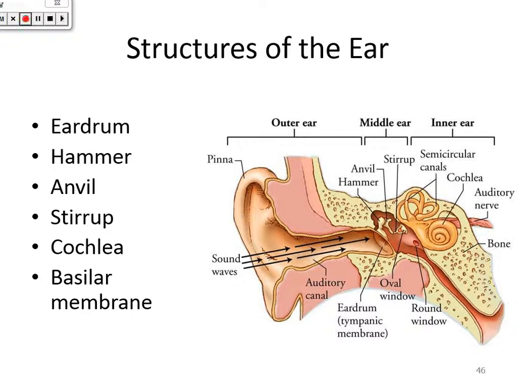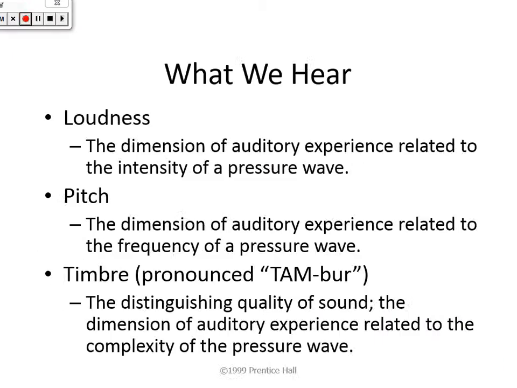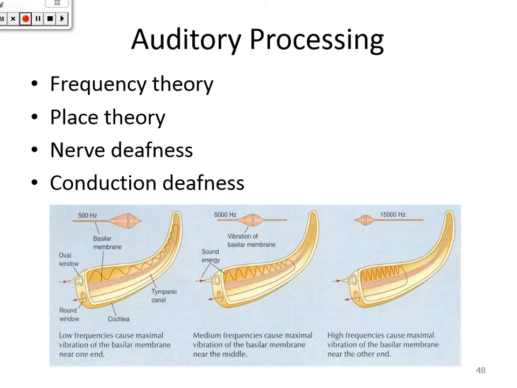You need to know the difference between, let's go here, Gina. So you have the words here. You need to know the difference between nerve deafness and conduction deafness, or what we call conduct deafness. With conduction deafness, we replace the bones.